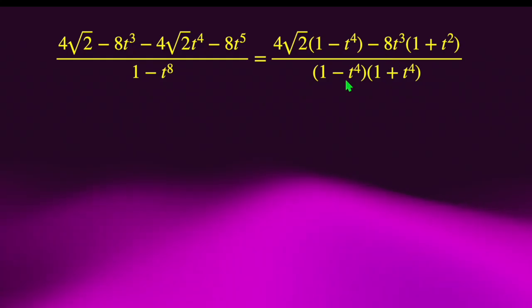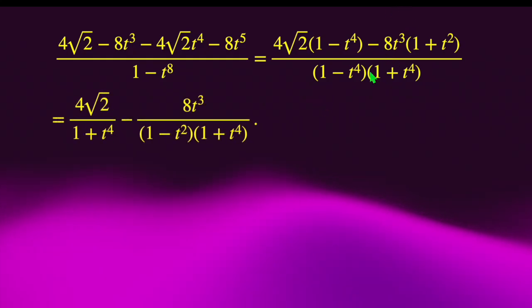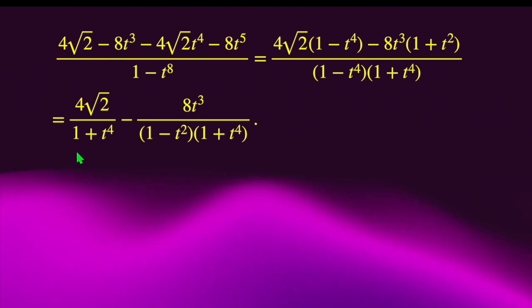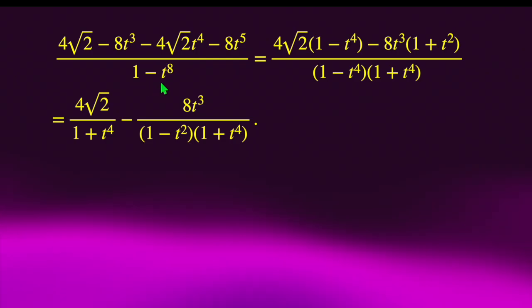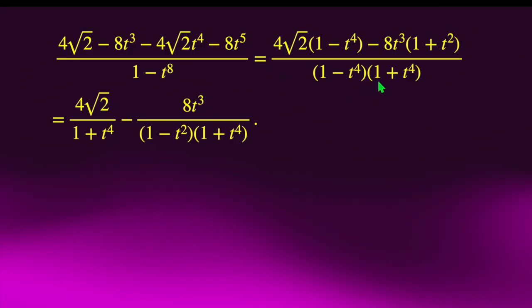First we will split it in two parts by using this remark. We factor here, and we get this. Of course, we use the algebraic identity 1 minus t to the power 8 equals 1 minus t to the power 4 times 1 plus t to the power 4.